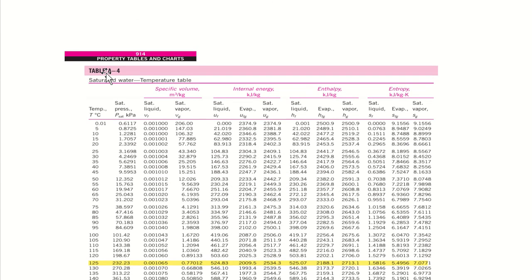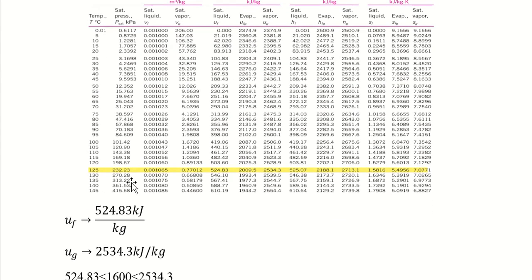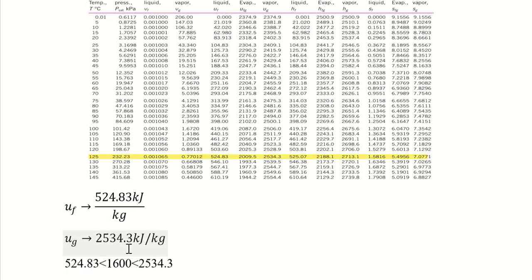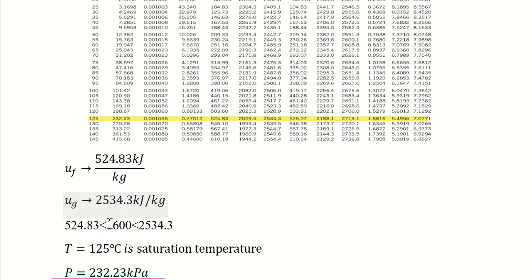So let's go. Table A4 is right here, and we have a temperature of 125, and UF is right here, and UG is right there. So you copy them, and now you realize that 160 lies in between.